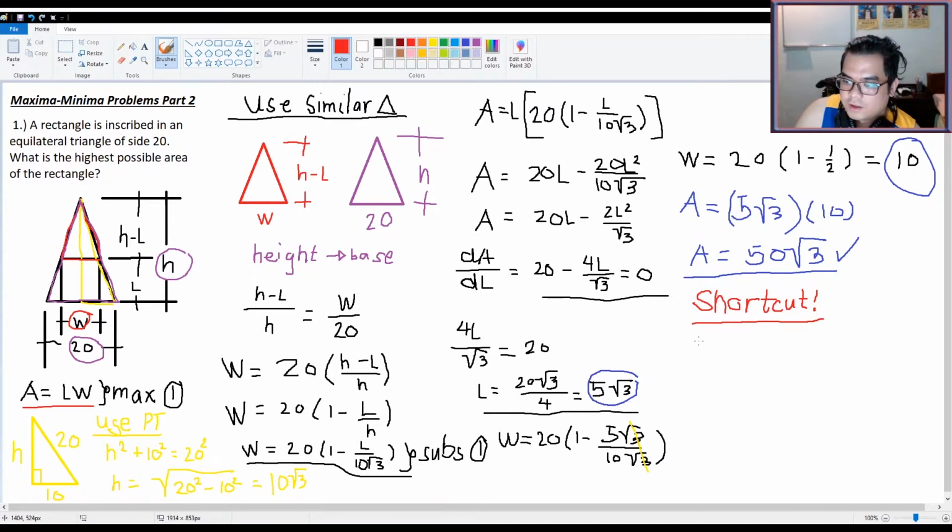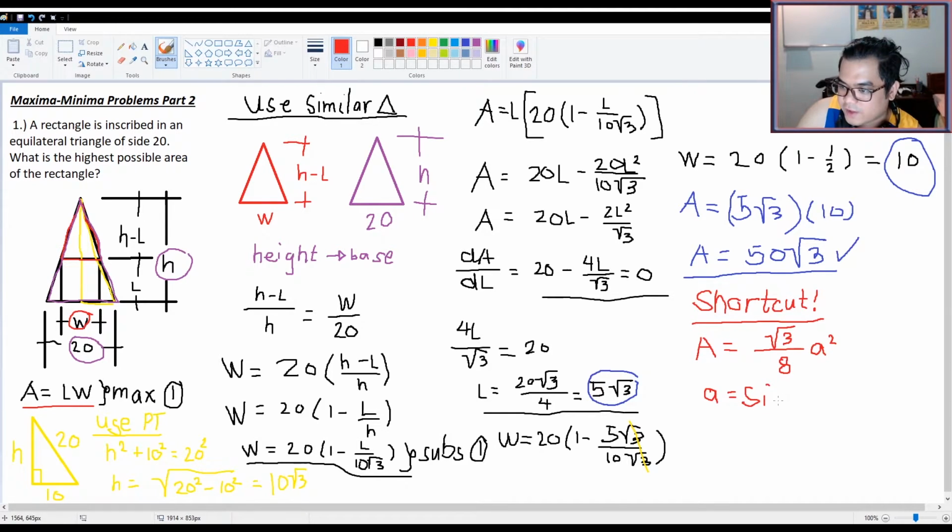Shortcut: the area of the rectangle will be equal to square root of 3 over 8 multiplied by a squared, where a is the side length of the triangle.